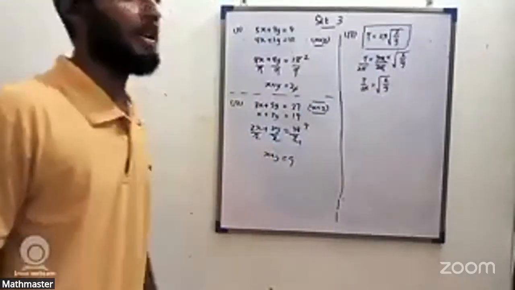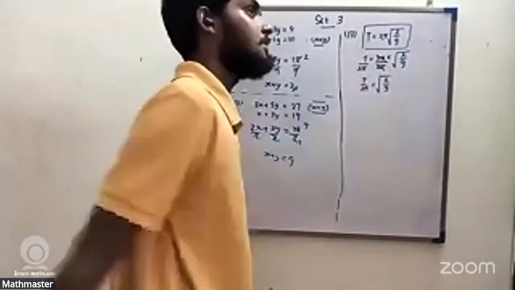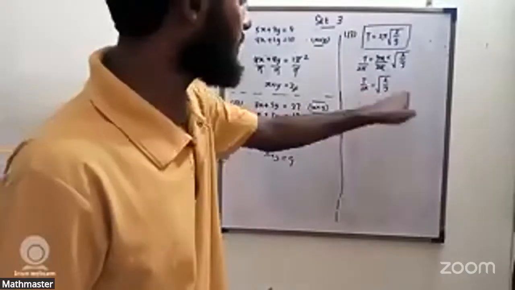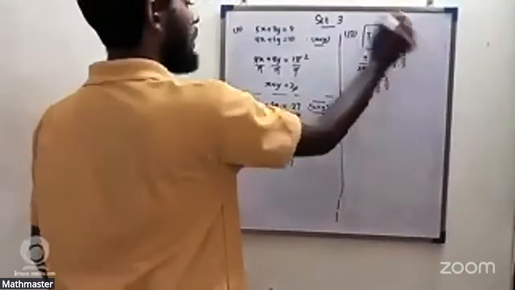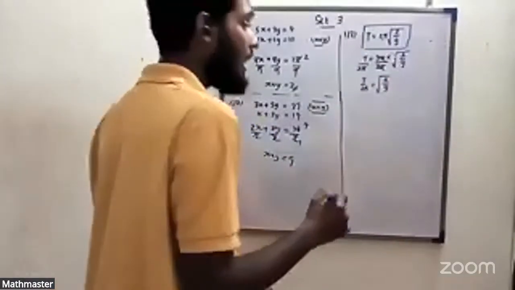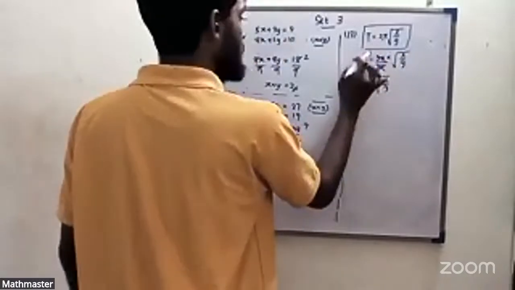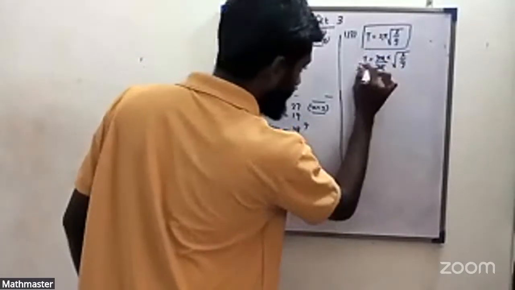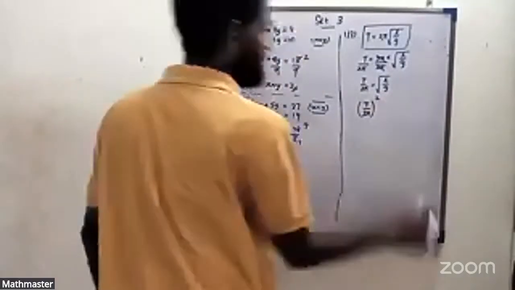Then the next operation is what? The entire term is square rooted. When the square root moves to the other part of the equation, that becomes the square. The entire expression T over 2 pi will be squared.